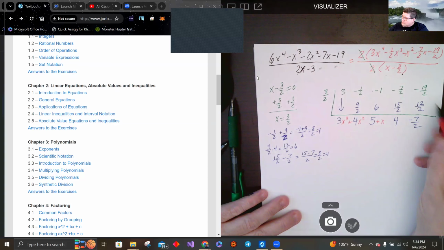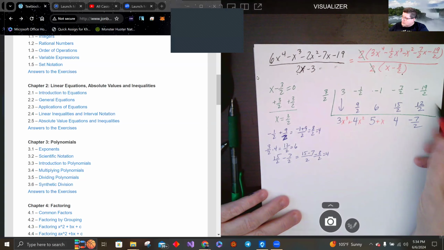So I have 3x cubed plus 4x squared. That's not a plus, it's times. Plus 5x plus 4. And then I've got minus 7 over 2 on bottom, and it goes by this thing right here, x minus 3/2.